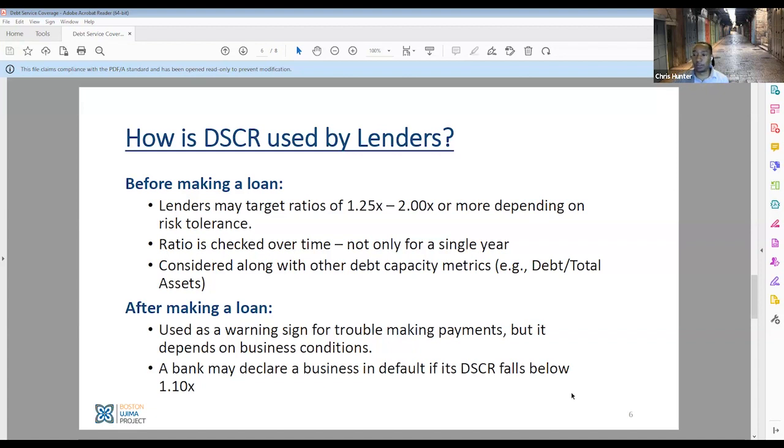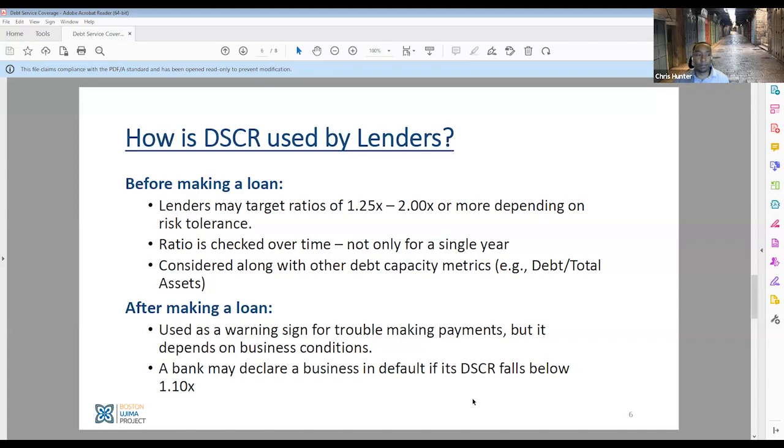And that's really what this is a measure of: how much cash, cash flow, and liquidity is available in the business. On the other side, after a loan is made, this might be a metric that starts to decrease if there are going to be challenges for the business making payments in the future. Many banks, and lenders in general, might use a debt service coverage ratio as a way to define default.